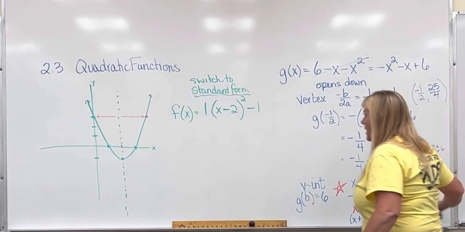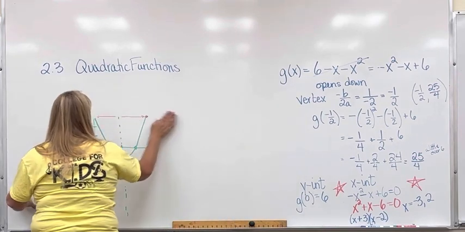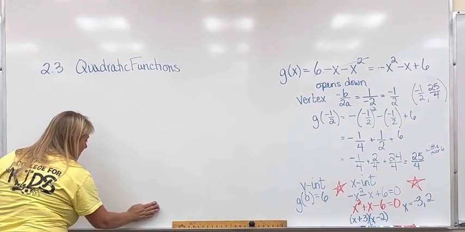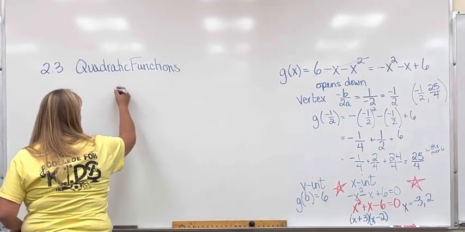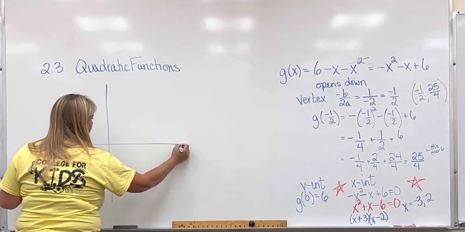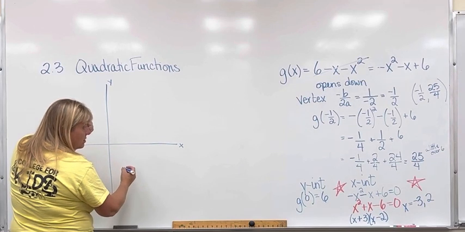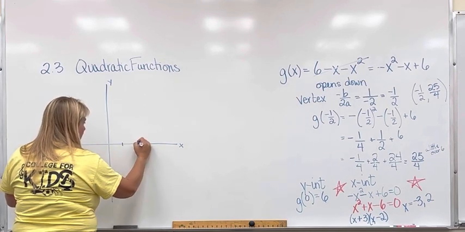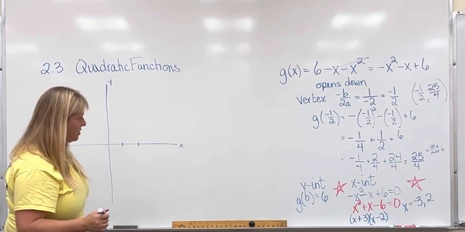So let's go ahead and see what we got going on here. We don't have to go out very far actually, we'll just say it like that. But we got to go up to 6-ish, don't we?